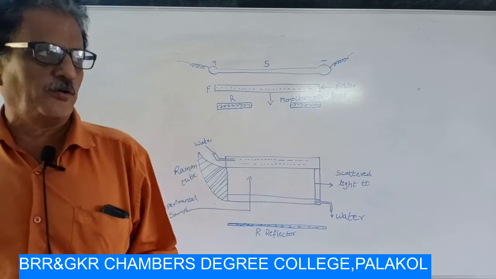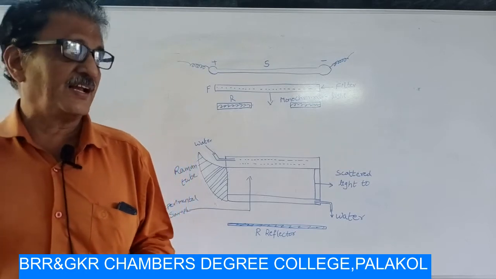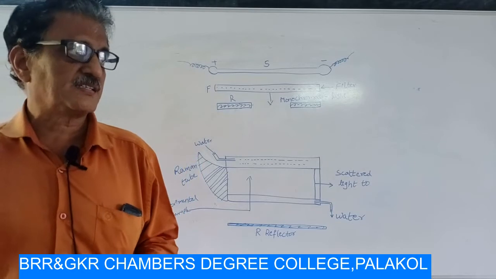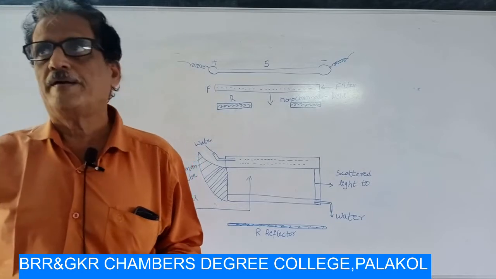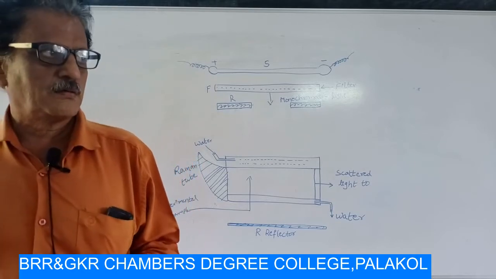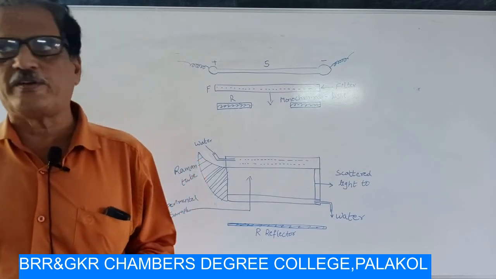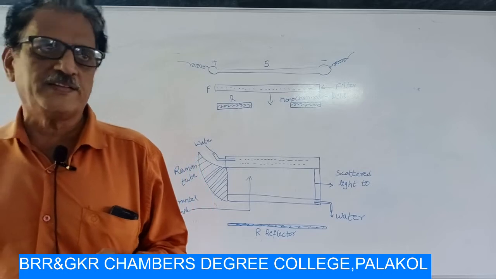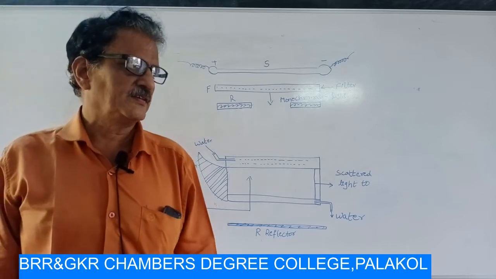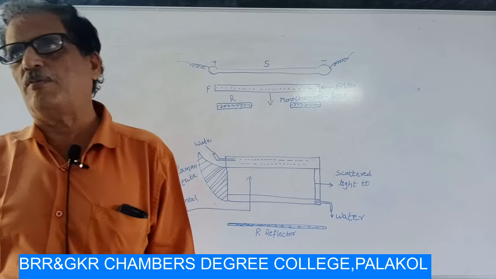So, Raman found that the scattered light consists of frequencies greater than the incident light frequency and less than the incident frequency. These lines are called Raman lines.